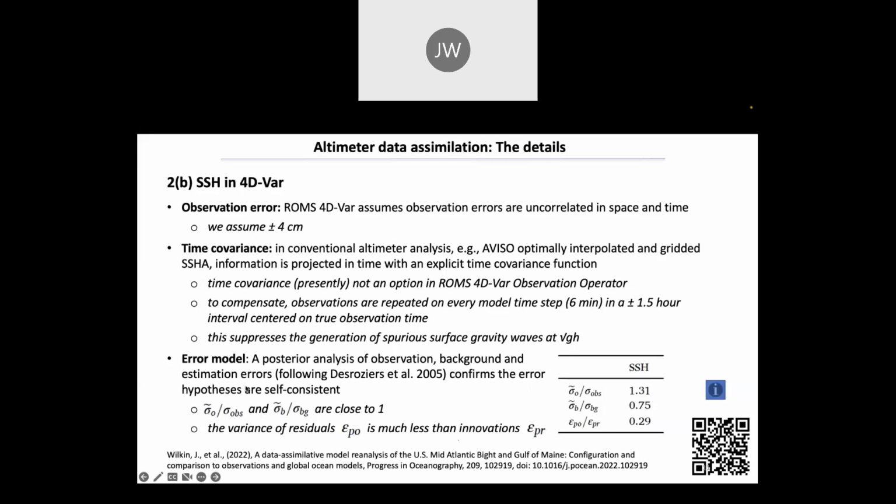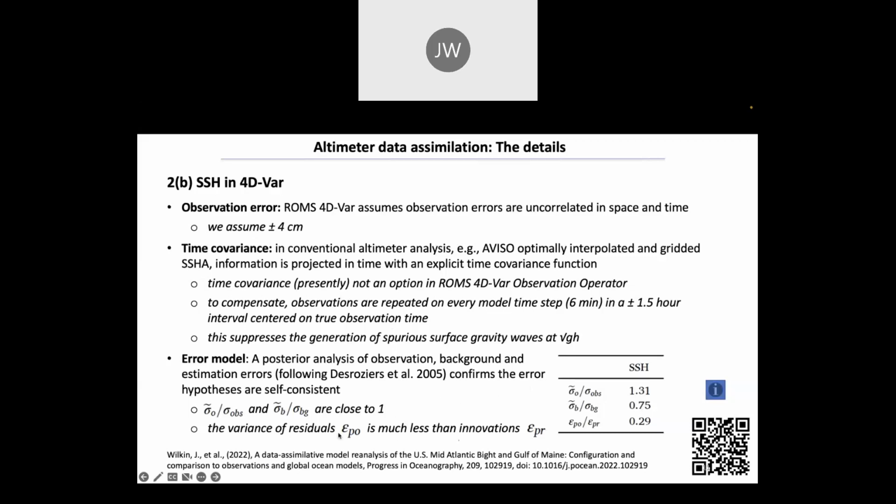And without going into details, you want these two ratios to be close to 1. That says that your assumed errors prior and posterior to performing the DA are self-consistent with your assumed errors in the models. So we do have values near 1. If you think 1.3 is close to 1 and 0.75 is close to 1, we're okay with that.